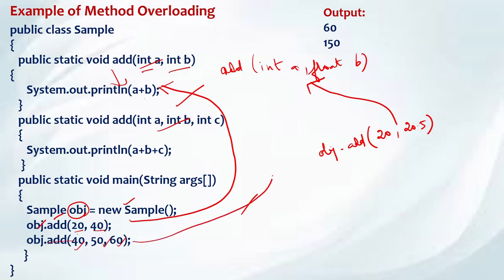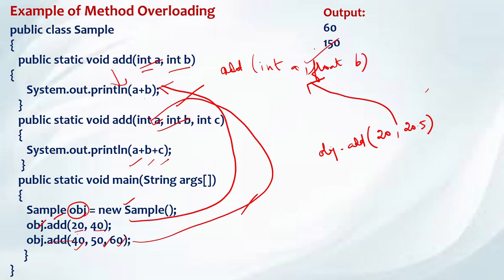It checks for the function having the three-parameter list and data type. So the second add function will be executed, that is System.out.println(a + b + c). The output of the program is 60 first and 150 second.